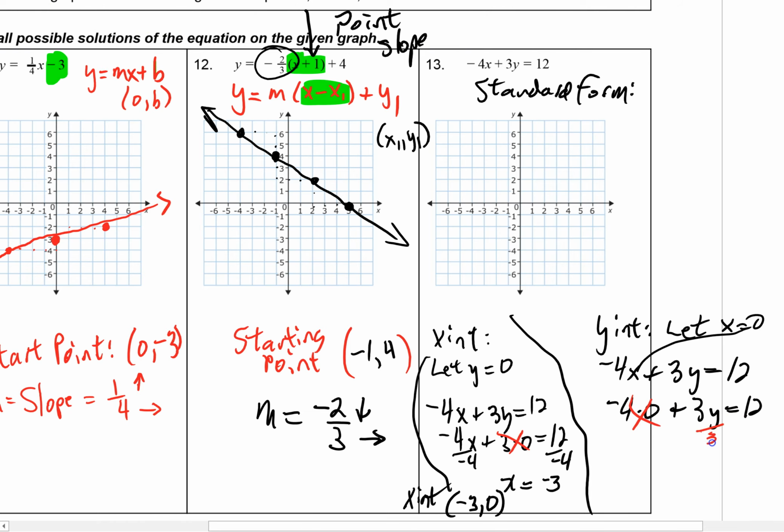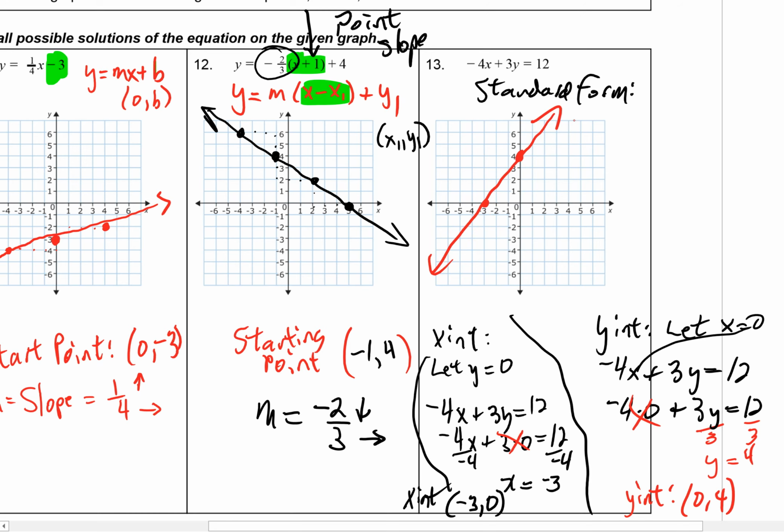When we divide by 3, we're going to get y equals 4. So our y-intercept is (0, 4). So I'm going to go to (0, 4). That's my y-intercept. (Negative 3, 0) is right here. Connect those and put arrows on them.